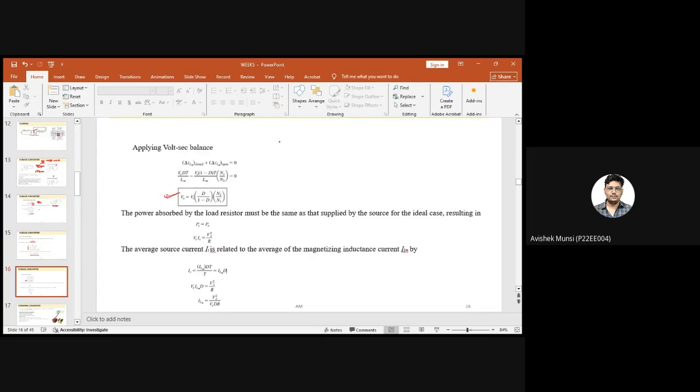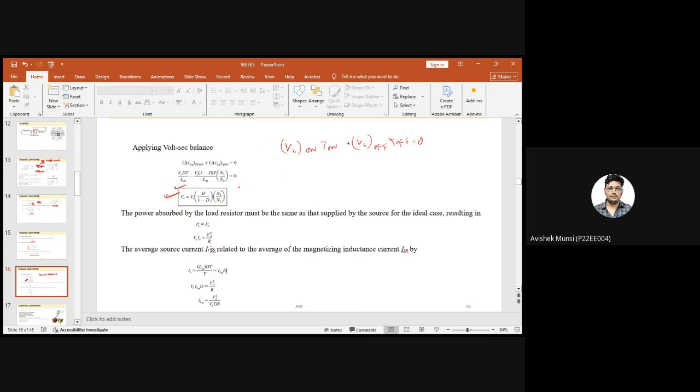If I apply the volt-second balance, VL on T on plus VL off T off, we get this as my output voltage relation with the input voltage.